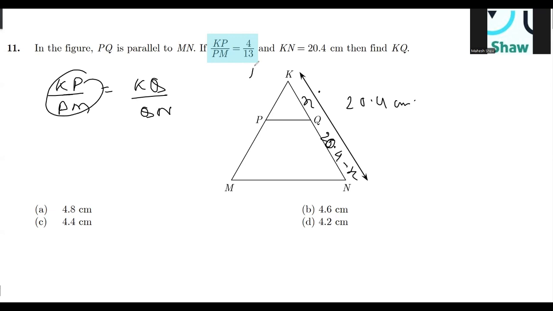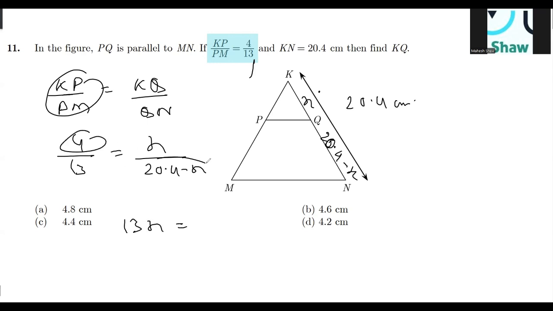So I can replace this with the value 4 over 3, which is equal to KQ, that is X, over 20.4 minus X. Now with cross multiplication, it is 3 times X, and this is 4 into 4, that is 16.